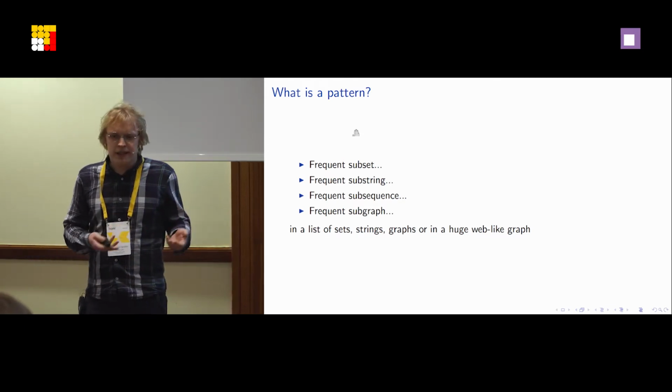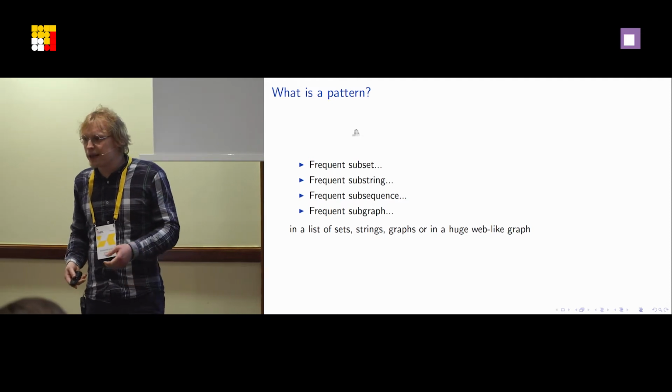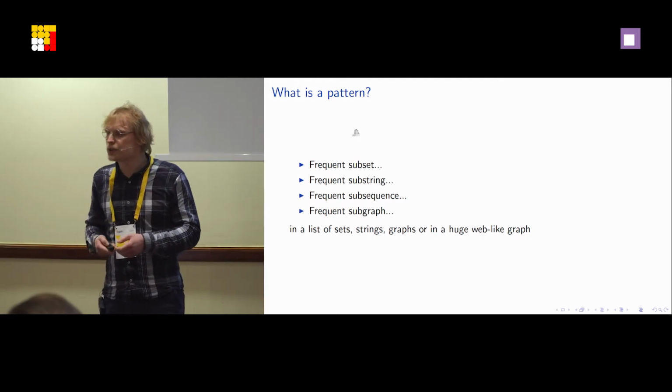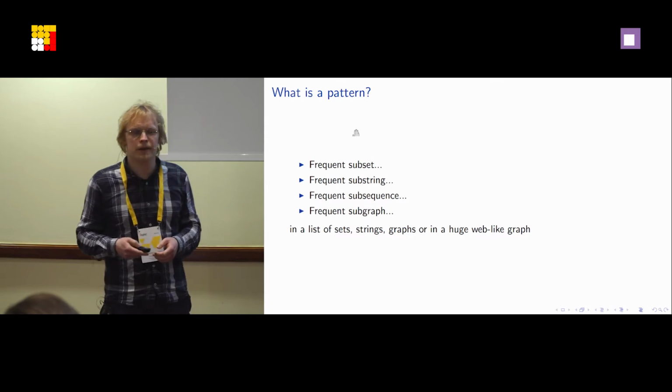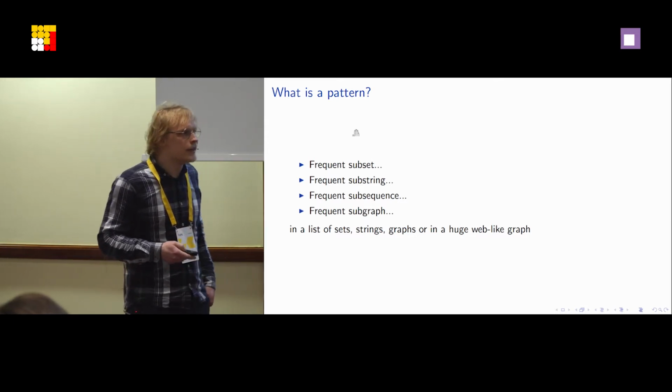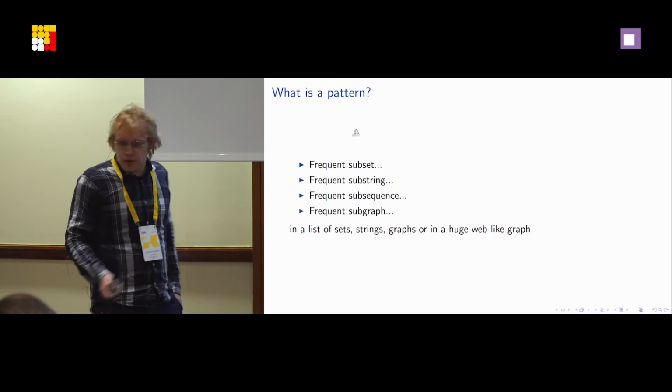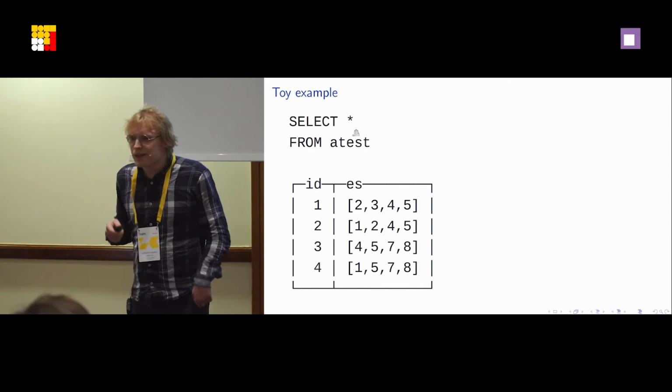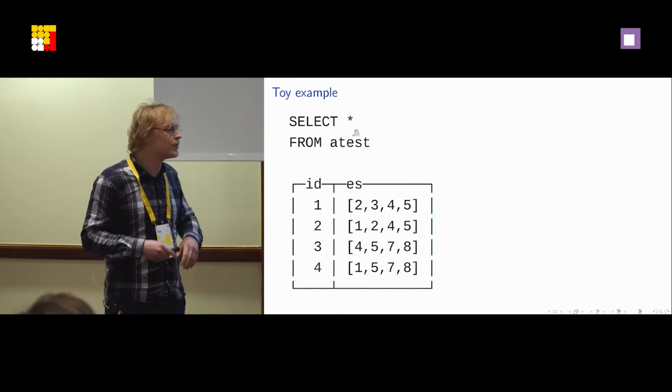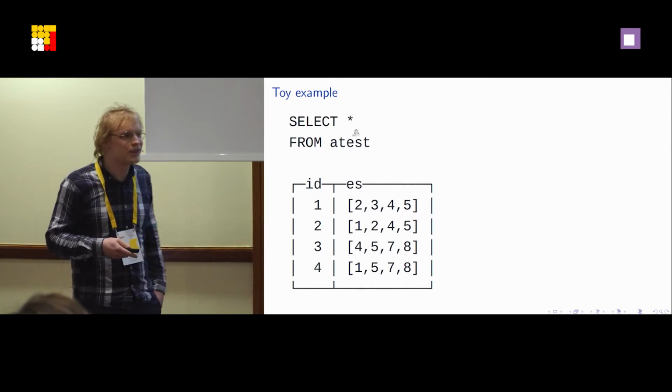And your data set is just your database, which is filled with, for example, user sessions or some other kind of data. Let's look at a simple example, simplified to 4 rows.